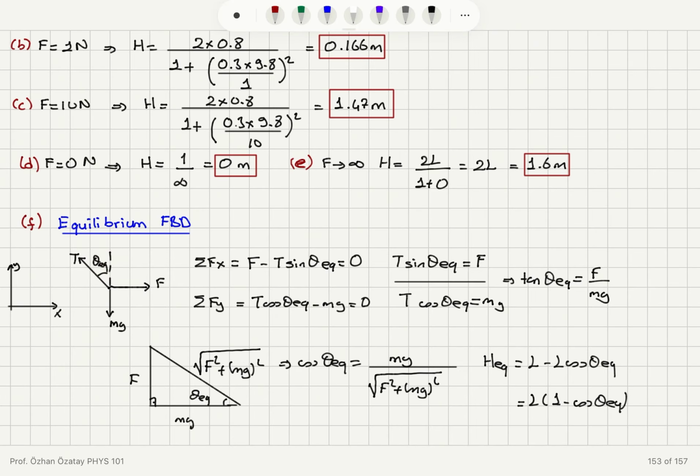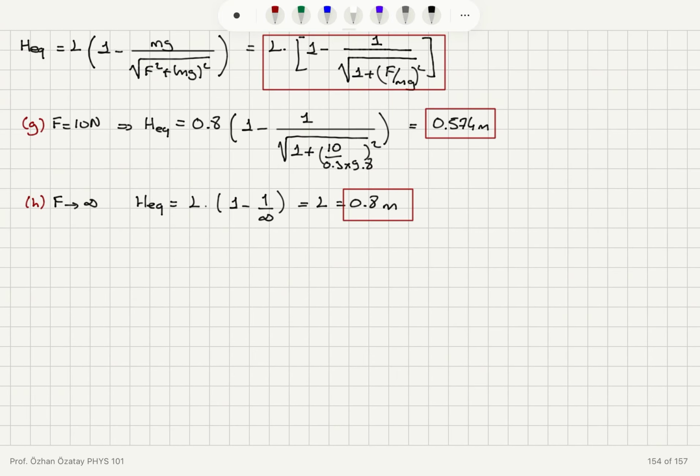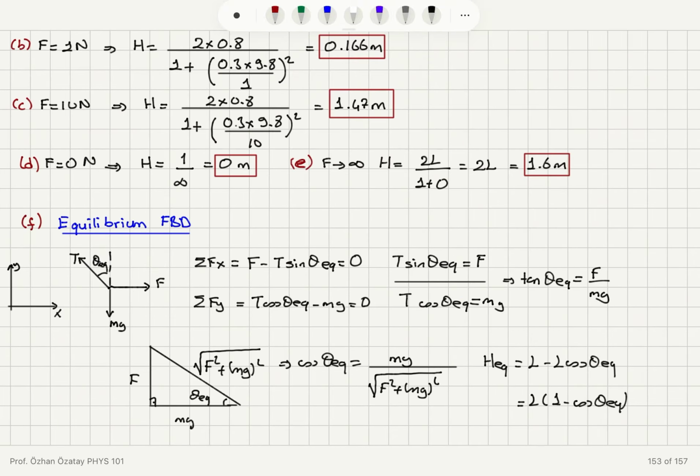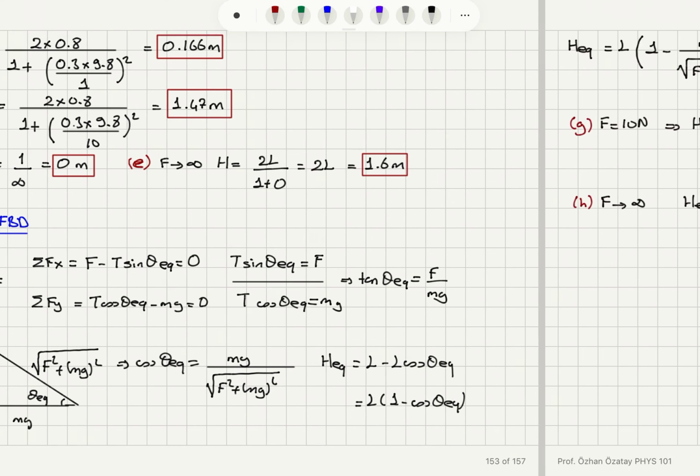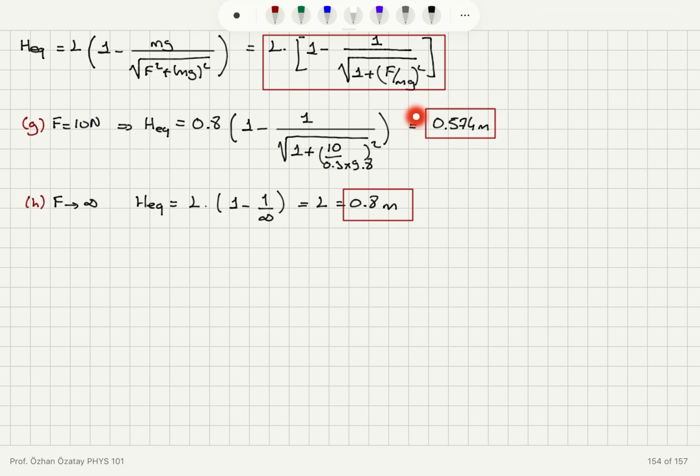For the equilibrium angle theta, we can do the same exercise by noting that the net force on X and the net force on Y should be 0 at equilibrium. This allows us to find H equilibrium in terms of F, and we have evaluated it for F equals 10 newtons. Now, instead of the 1.47 value, which was for maximum height, the equilibrium height is 0.574 meters.